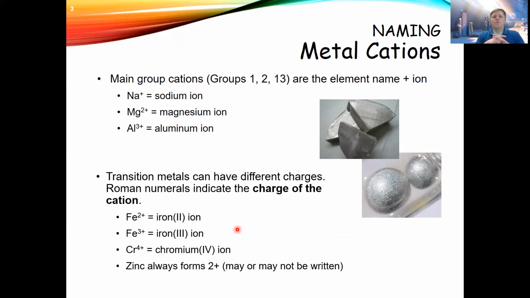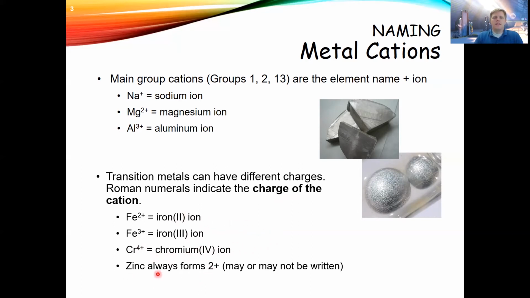The Roman numeral for 1 is a single I, for 2 is 2 I's, for 3 is 3 I's, and those are capital I's, by the way. The Roman numeral for 4 is IV. So for example, Cr4+ we would write as the chromium(IV) ion.